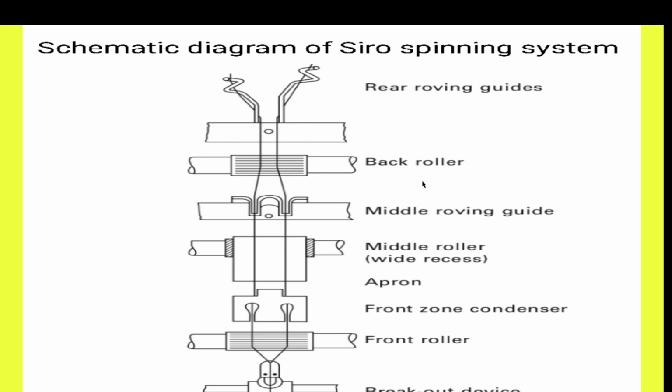Next is the back roller. This is the back roller of our ring frame drafting system. Then the middle roving guide. After the back roller, middle roving guides are mounted.